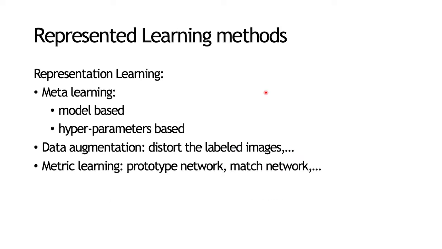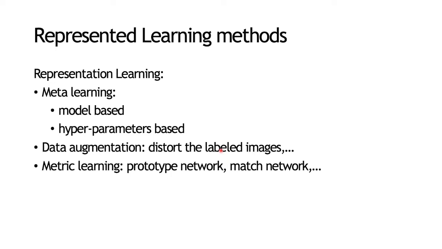So far, there are 3 main approaches to solve the few-shot classification problem. The first is meta-learning. Meta-learning mainly includes model-based and hyperparameter-based methods. The second is data augmentation.